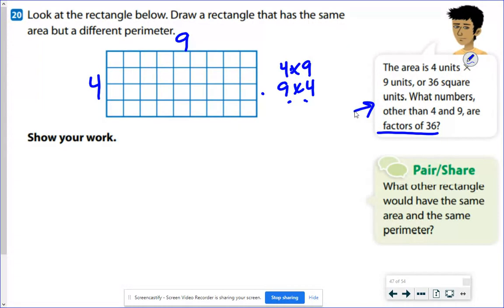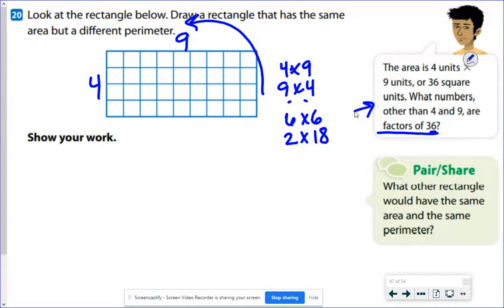All we'd be doing is turning this one up, is what I'm trying to say. So let's see, what are some other multiplication facts that multiply together to equal 36? Yes, 6 times 6. One you may not know, because it's not considered a basic fact that you memorized, 2 times 18.